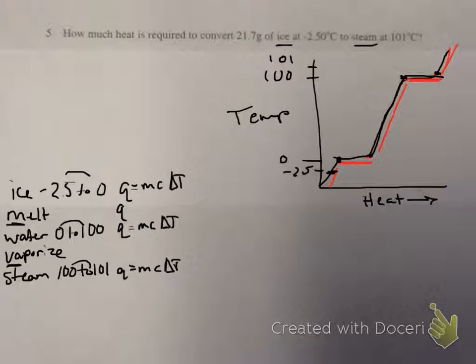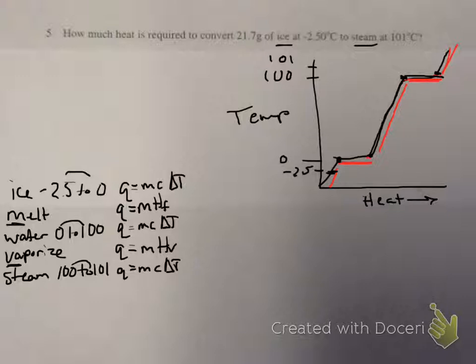It depends on the substance. A lot of times we're dealing with water. That is mass times the heat of fusion, a constant that you would need to look up for water. And for vaporizing, it's the mass times the heat of vaporization. Again, that's a constant for a substance, and for water it's how much energy it takes to break the rest of its intermolecular forces.